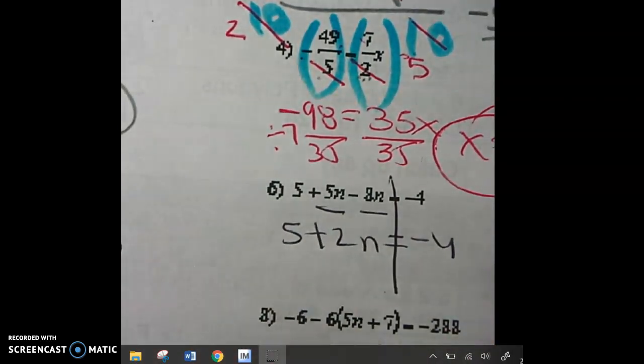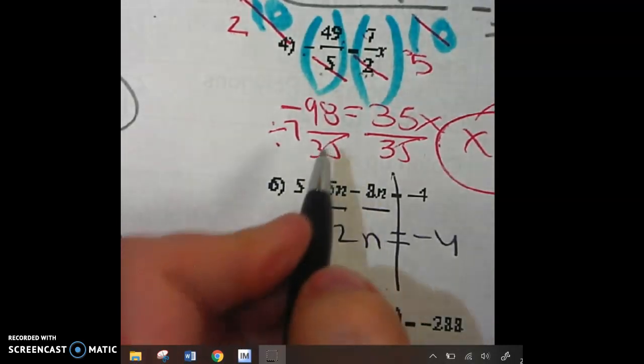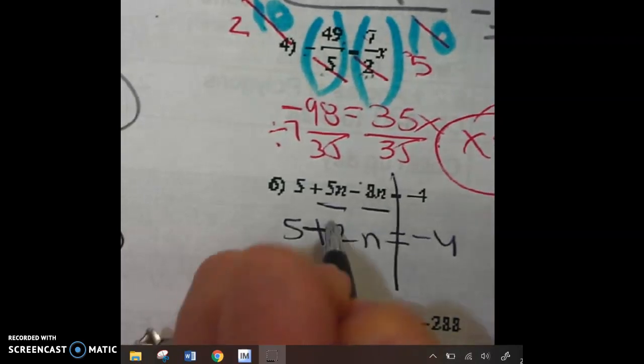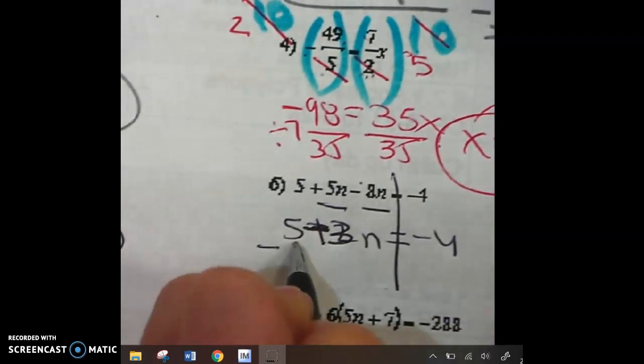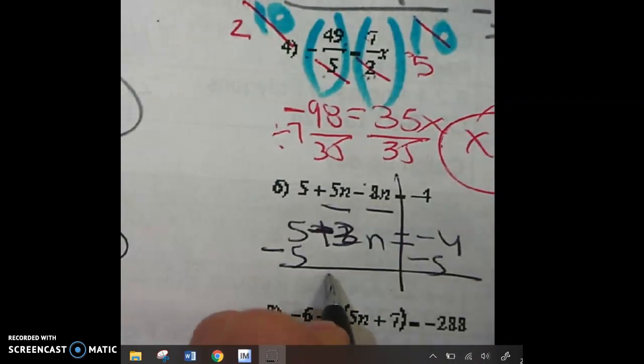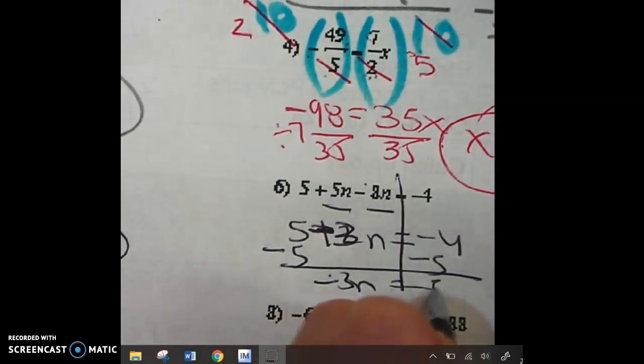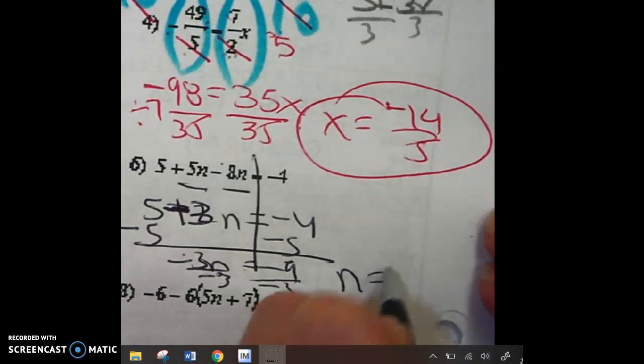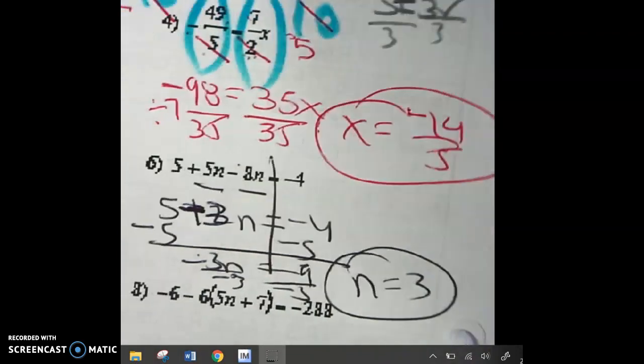Maybe that's an 8. Whatever. So that would be negative 3. Negative 5, negative 5. Negative 3n equals negative 9. n equals 3. Okay? Let's go to the next one.